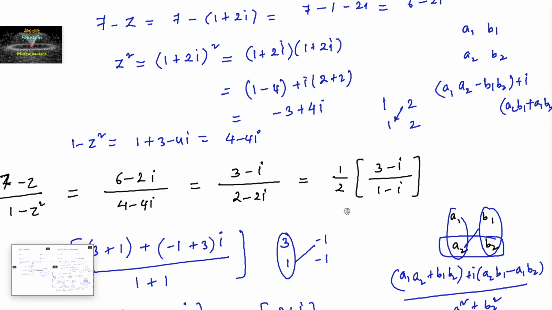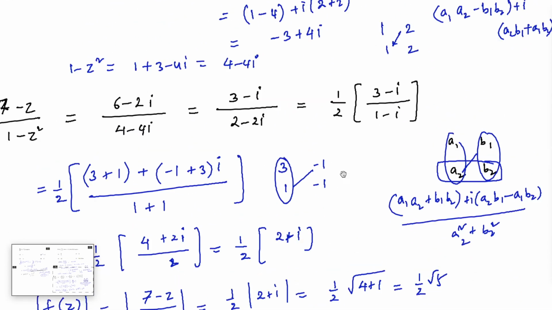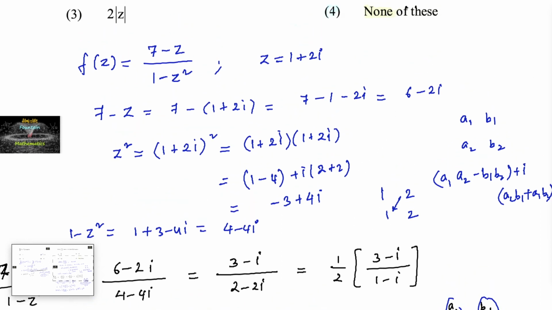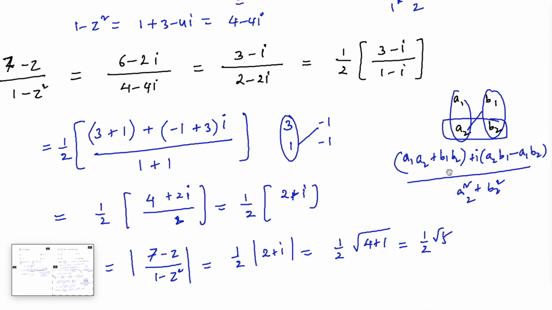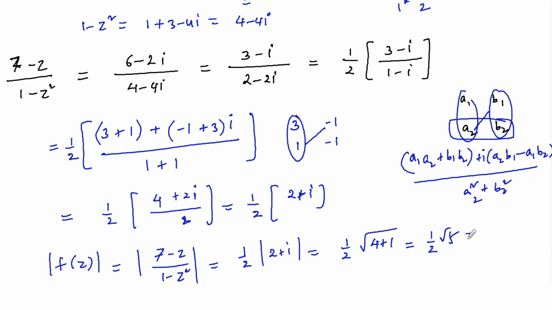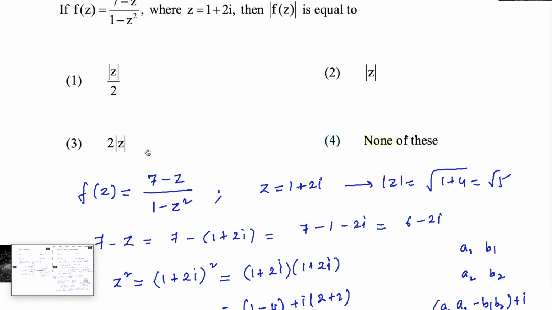And even the mod z, since z is equal to 1 plus 2i, its mod is under root of 1 plus 4, which is equal to root 5. So we can write here, this root 5 is nothing but mod z, so which equals mod z by 2. So that is half of mod z, so we can go with the first option.